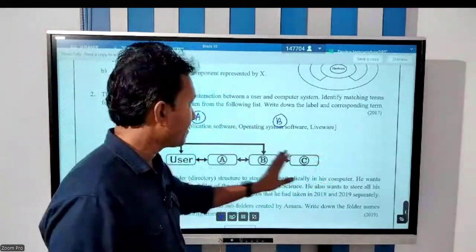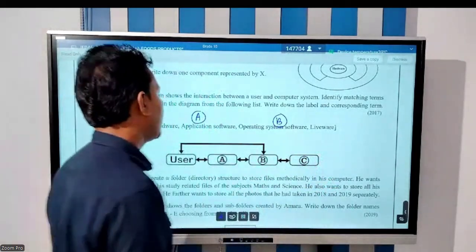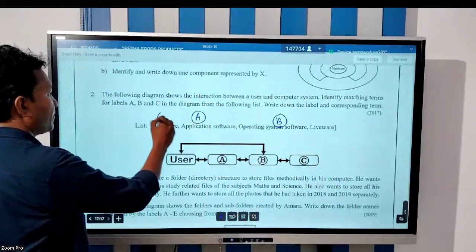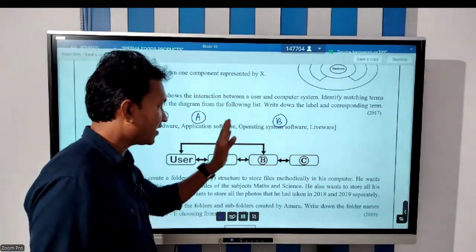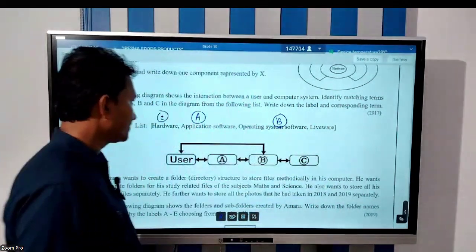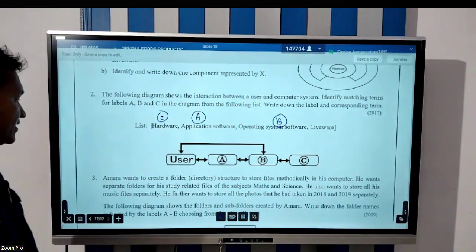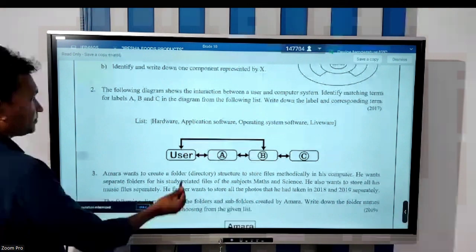Finally, the final one is hardware. Therefore, C is hardware. User, application software, operating system, and hardware. So those are A, B, and C.